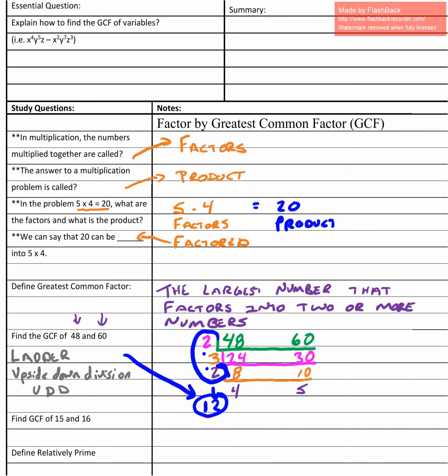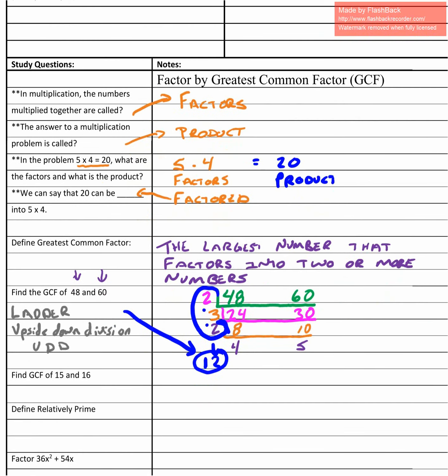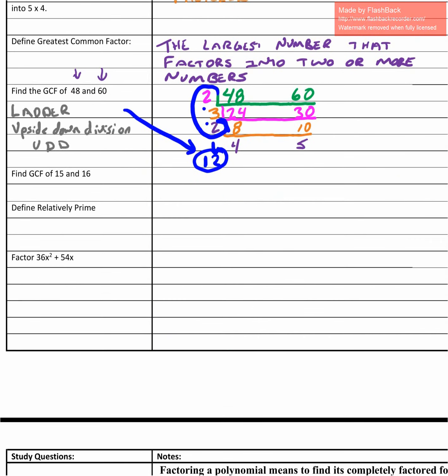That simply means our GCF is 12. Cool, and that's all there is to it. So let's look at the second one. Here we're told to find the GCF of 15 and 16. I'm going to set up my upside down division with my 15 and my 16.